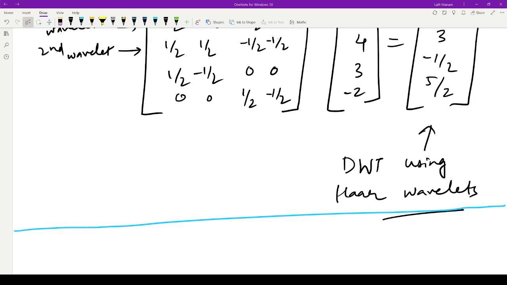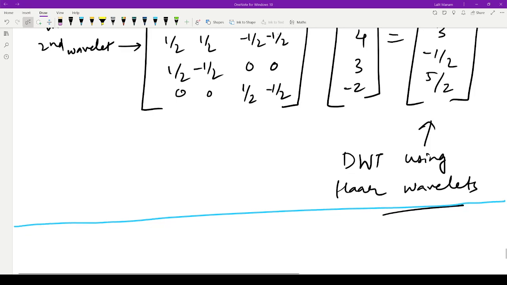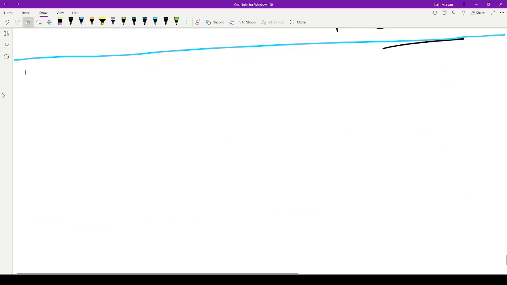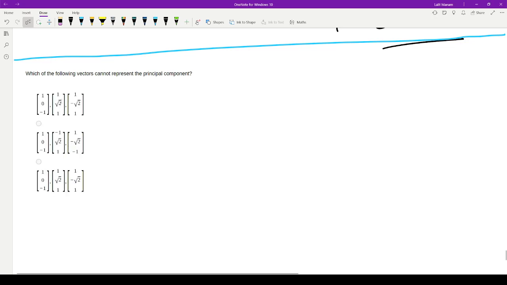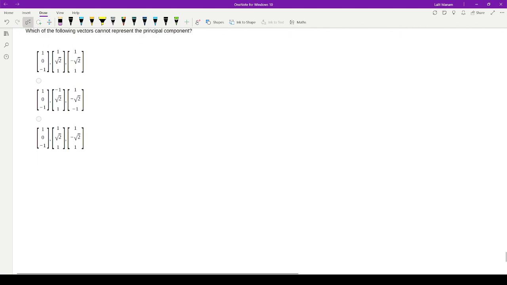So this would be our last question for the day. Each one of the following vectors cannot represent a principal component. So this is three vectors, I have one more out there, and this is the fourth vector.